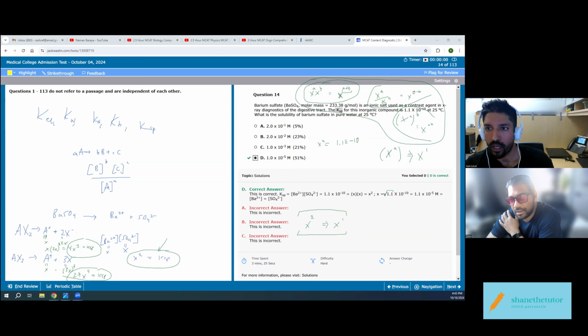If it was x to the fourth over x to the 3, then 4 minus 3 is 1. So if a was a 4 and b was a 3, then that could give you x to the power of 4 minus 3, which is x to the first power.